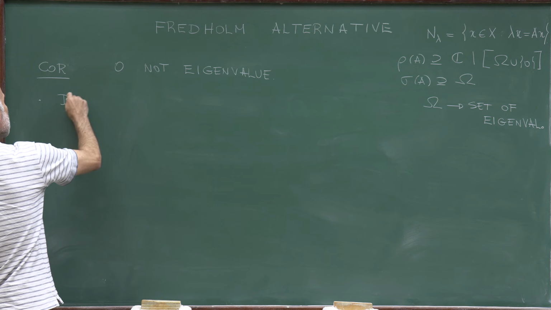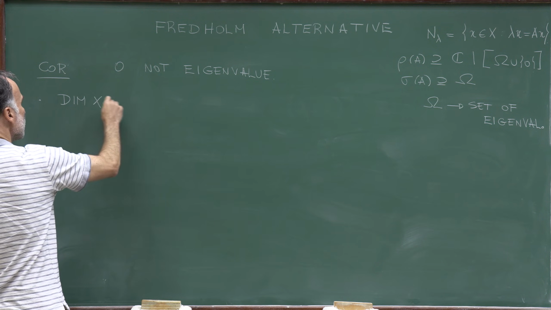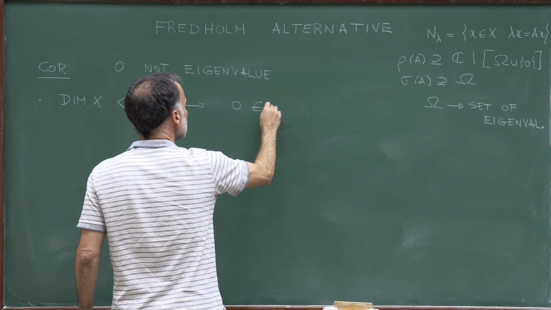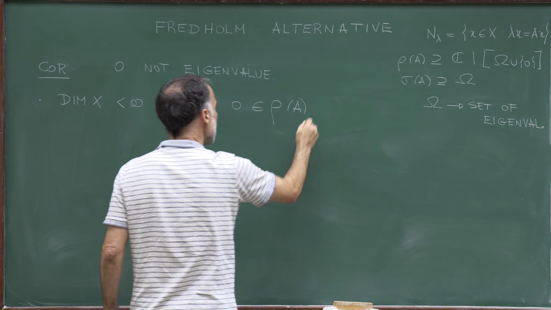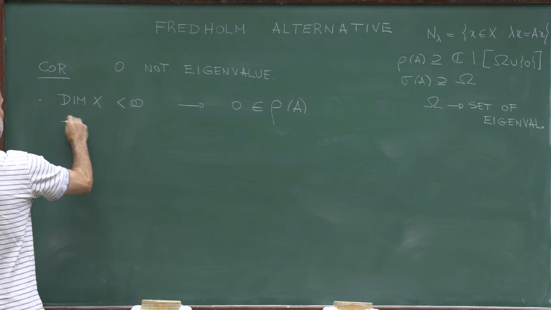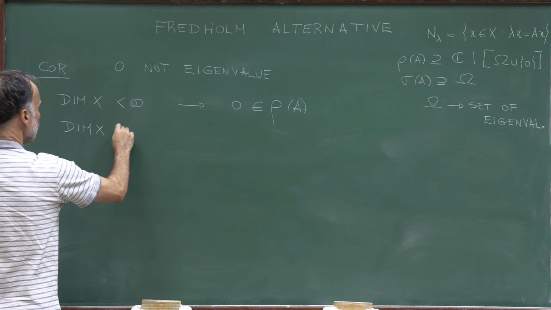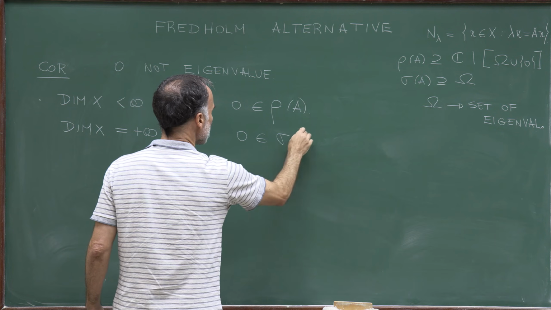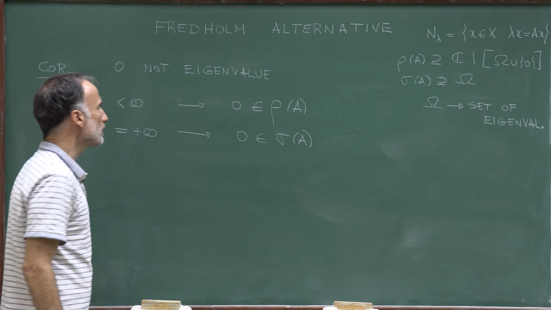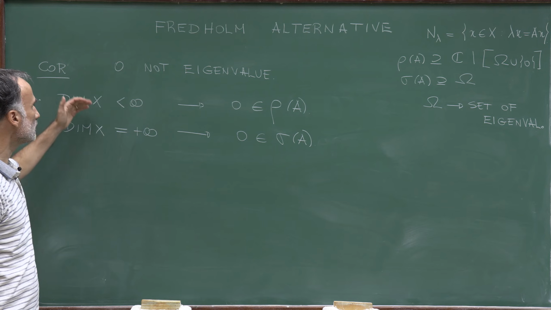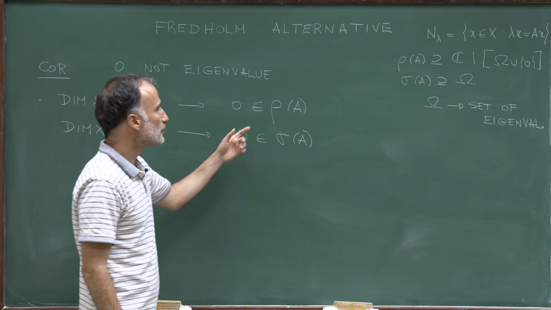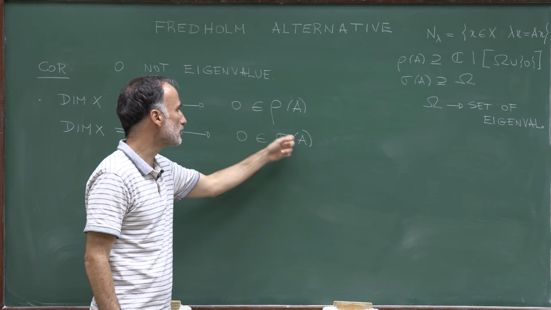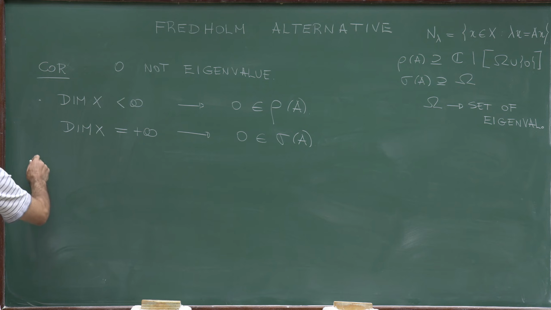And what I claim is that if you are in finite dimension, then 0 belongs to the resolvent of A, while if you are in infinite dimension, then 0 belongs to the spectrum of A. So really, the finite and the infinite dimensional cases are different just from the fact of 0 belonging either to the resolvent or to the spectrum.